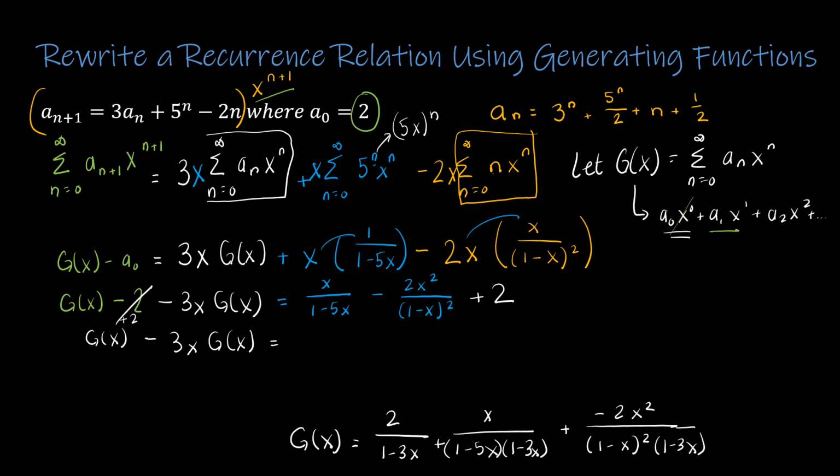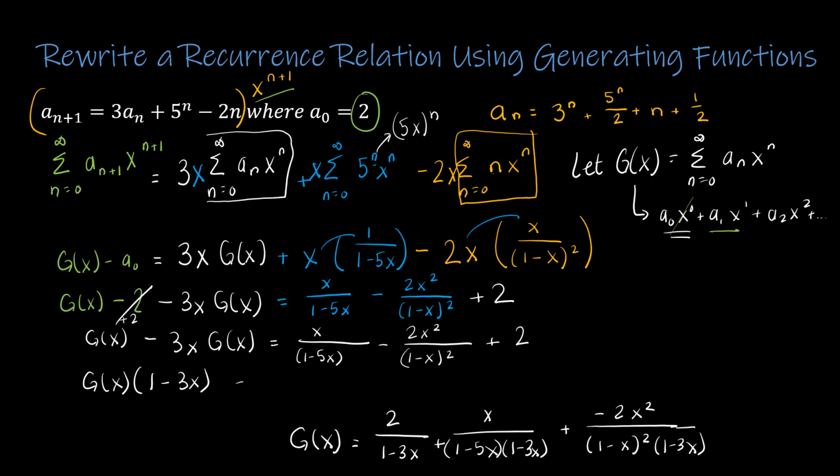On the right side I have x over 1 minus 5x, minus 2x squared over 1 minus x quantity squared, and then plus 2. And of course then I would say that this is 1 minus 3x. Sorry, let's put the g of x out front: g of x, and then 1 minus 3x.